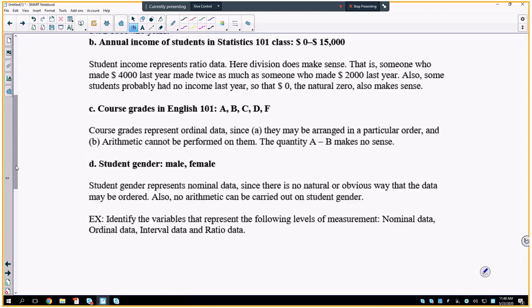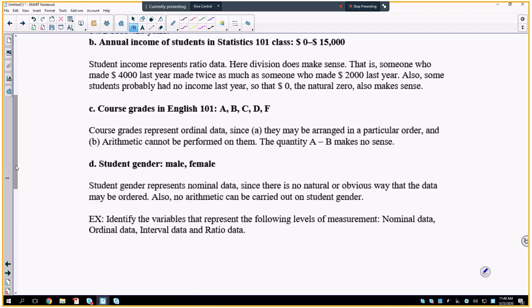For example, if someone made $4,000 last year, then they made twice as much as someone who made $2,000 last year, or 4,000 divided by 2,000 is 2. So that's the example of the division we can do. Also, some students probably had no income last year, so $0, no income, is a natural zero that makes sense.